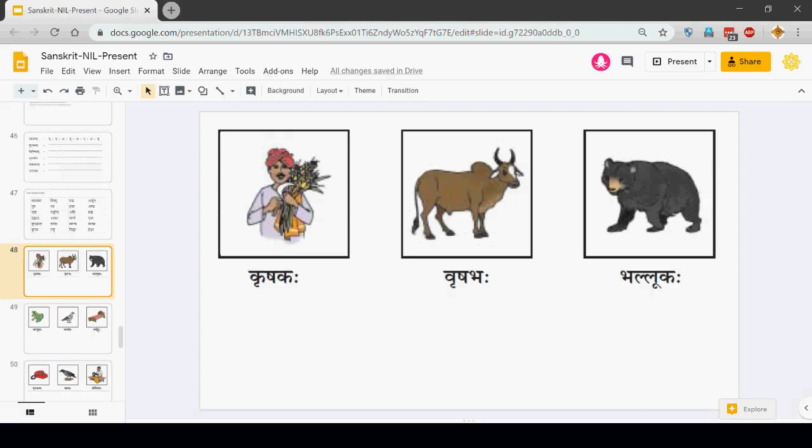So quick reading here with the pictures. Anybody else want to try? Liliana. Krishikah.